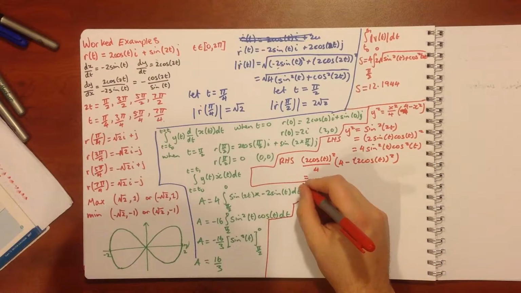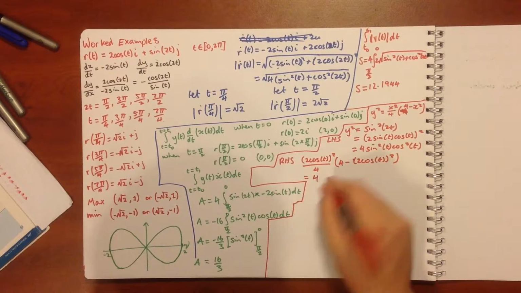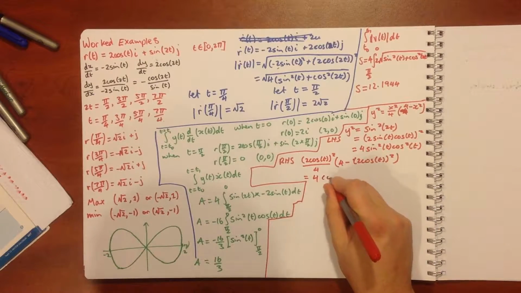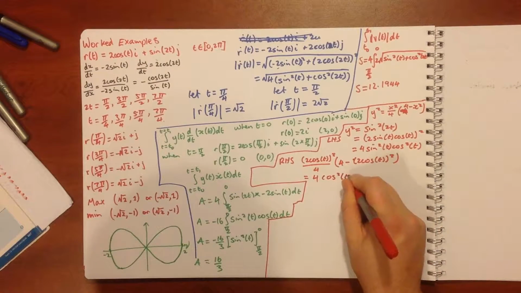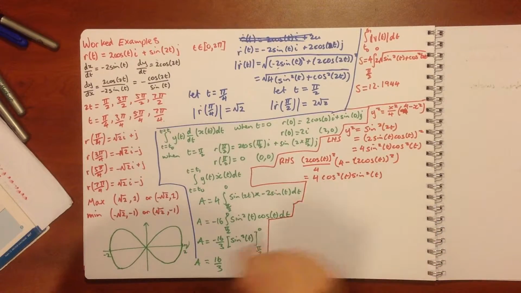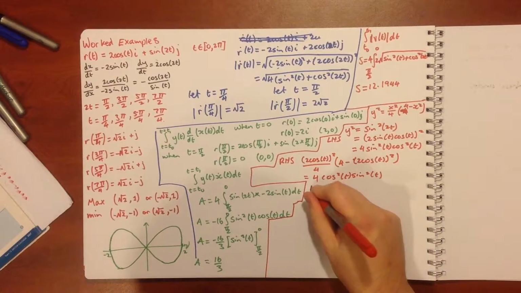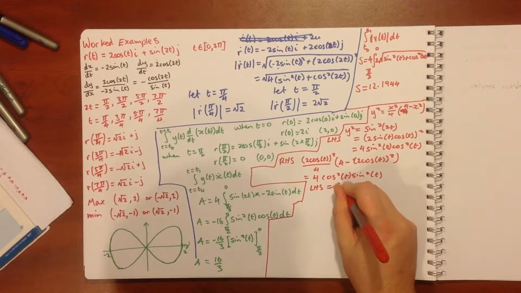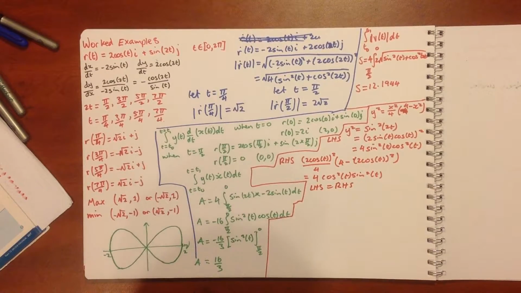We can simplify that down to 4 cos squared of t sine squared of t. And so our left hand side equals our right hand side, as required.